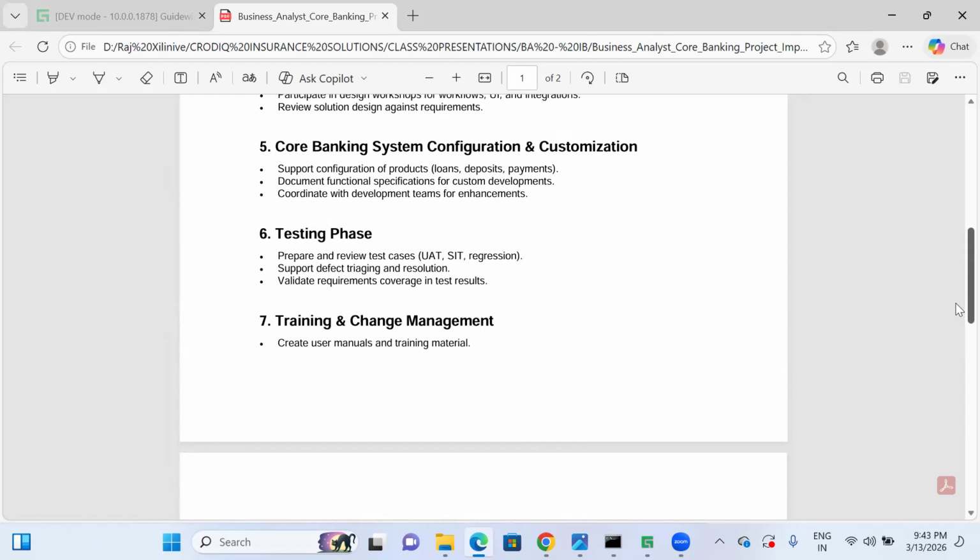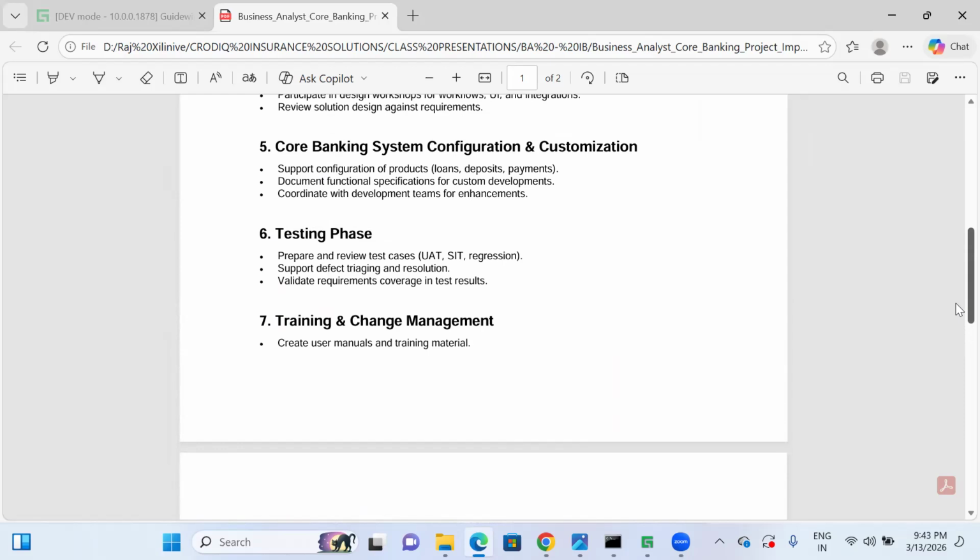So this is how, as a BA, we work on any project, especially the core banking project I've taken as an example. As a business analyst, one should have some hands-on experience by doing all that. It's not simply by learning this way, but by having hands-on experience working on a business requirements document, right?